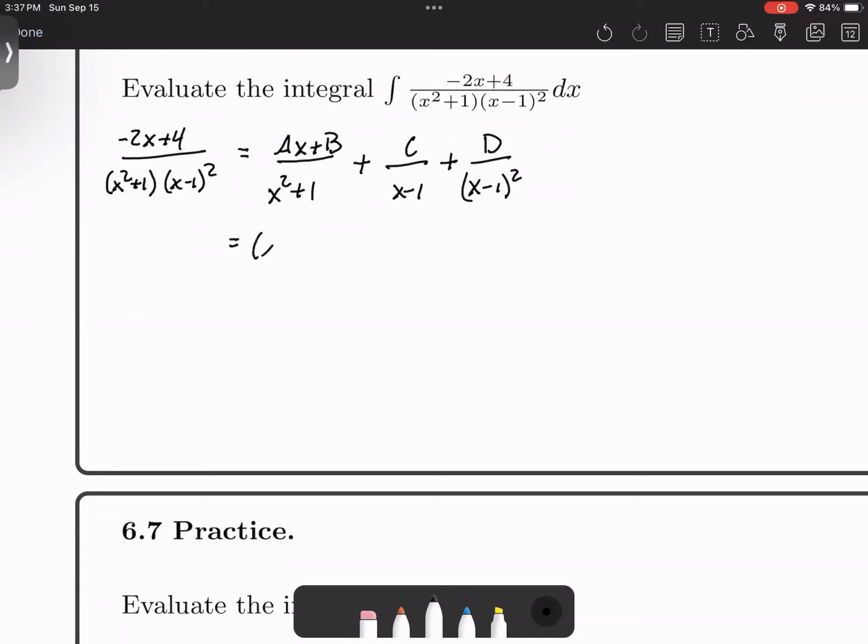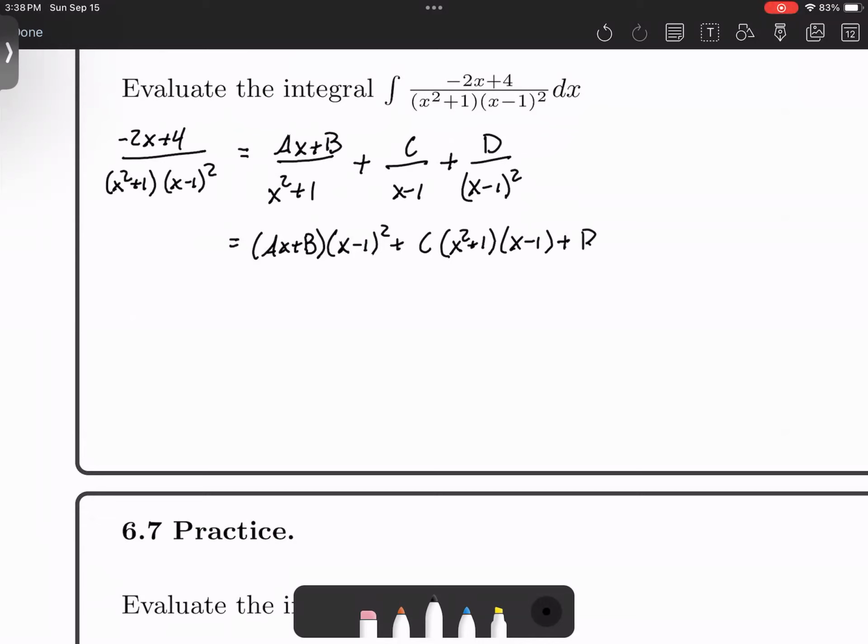We will take the ax plus b and multiply it by the x minus 1 squared, because that's the only thing it's missing. It already has the x squared plus 1. We will take the c and multiply by x squared plus 1 and 1 extra x minus 1. That will give it the correct denominator.